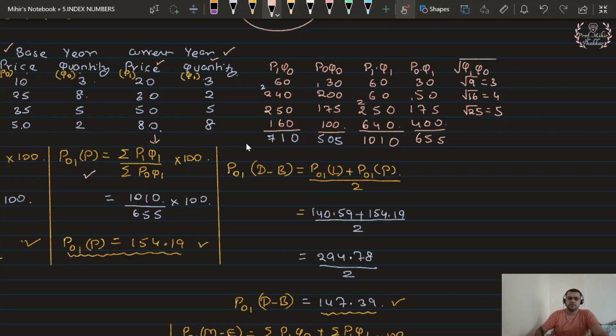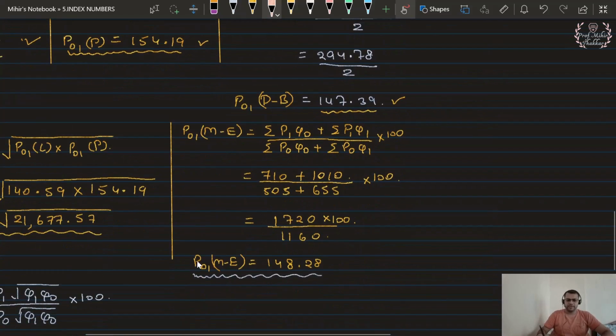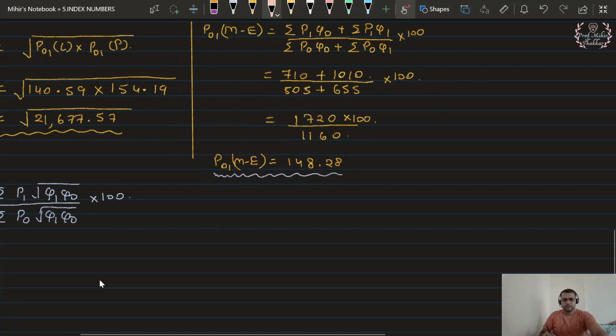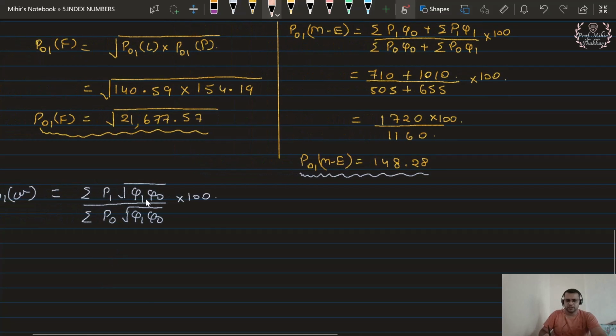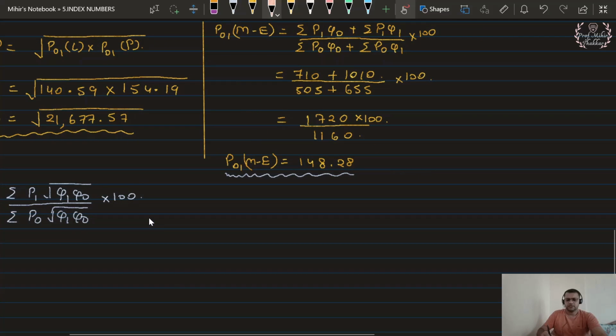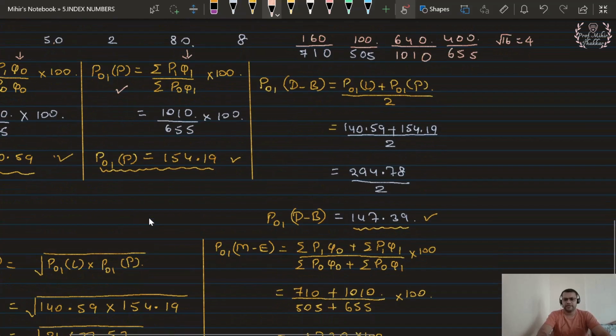And 8 into 2 again gives 16, so 4. Once again we get 5. Now these values will be multiplied with the P1 and P0 values, because for our formula we want summation P1 under root Q1 Q0, and for the denominator P0 under root Q1 Q0.